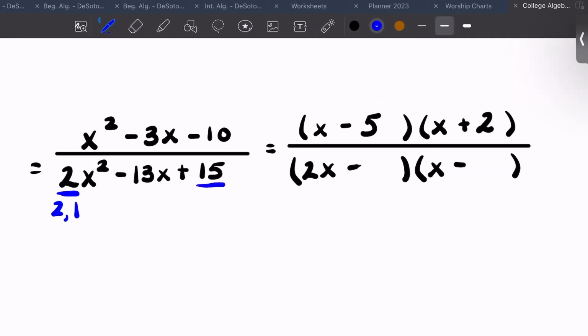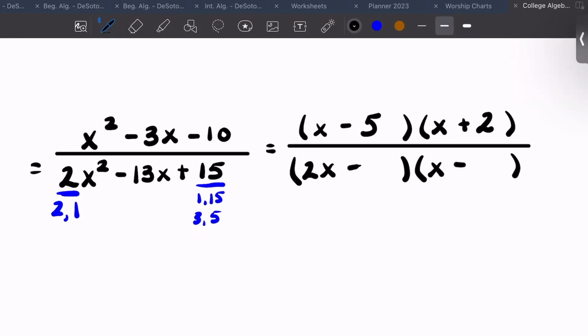And then the factors of 15 are 1 and 15, 3 and 5. So I know I'm going to use 3 and 5, because I need them to add to 13. And 1 and 15, well, 15 is already bigger than 13, so we know we're not going to use 1 and 15.